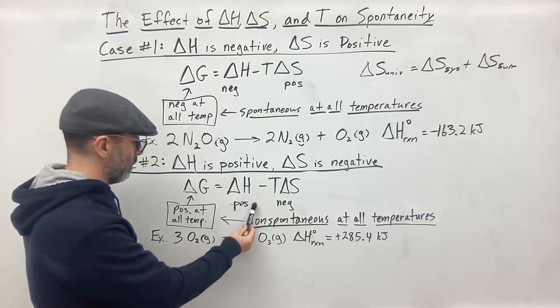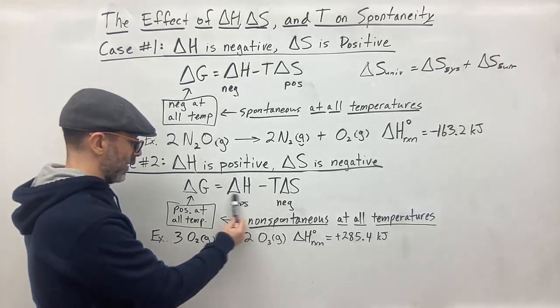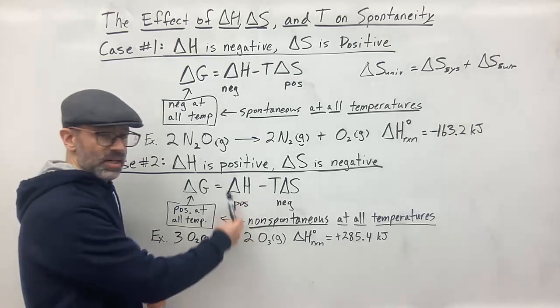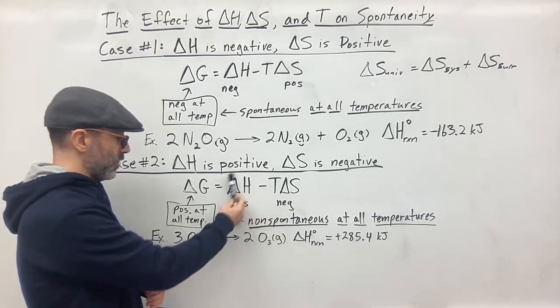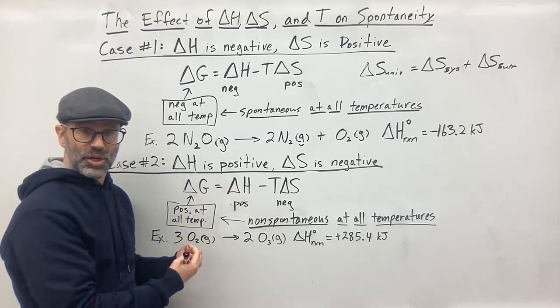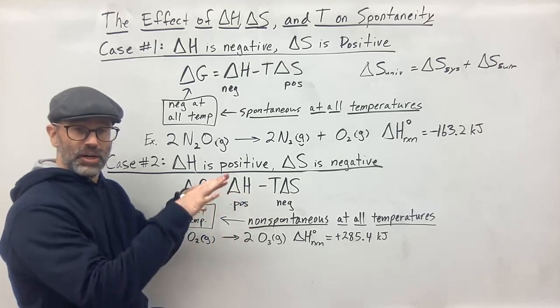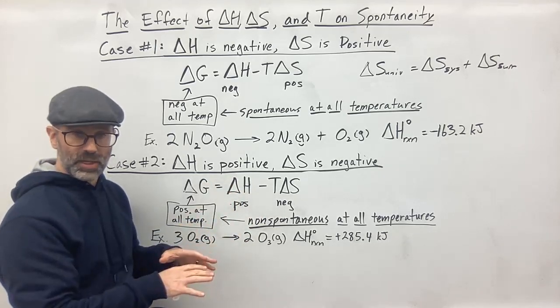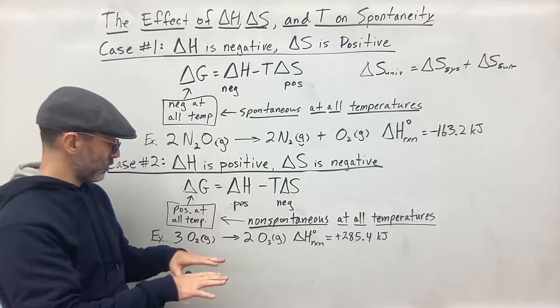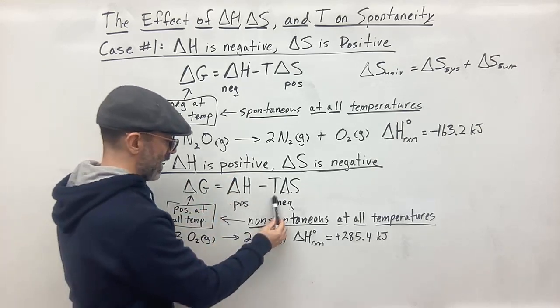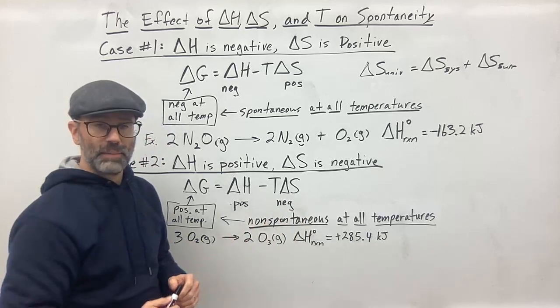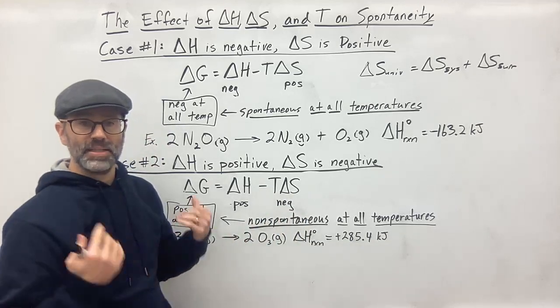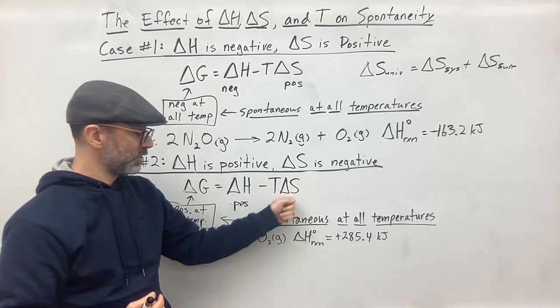So here we have a positive value for our delta H. Again, that's because it's absorbing energy. It's an endothermic process, and therefore taking energy away from the surroundings, and therefore the entropy of the surroundings is going to decrease. And here we have a negative value for our delta S, so that means that the entropy of the system is decreasing.